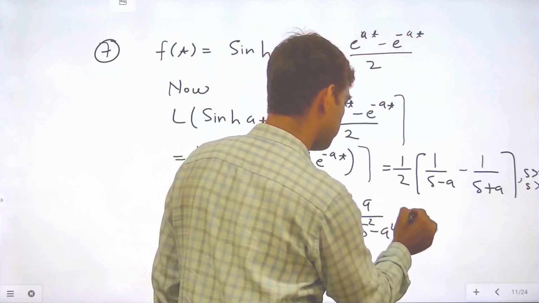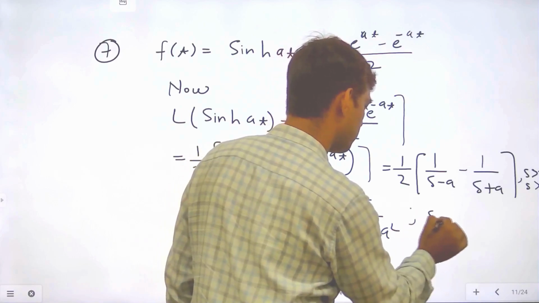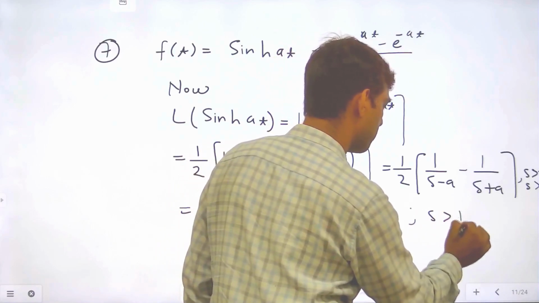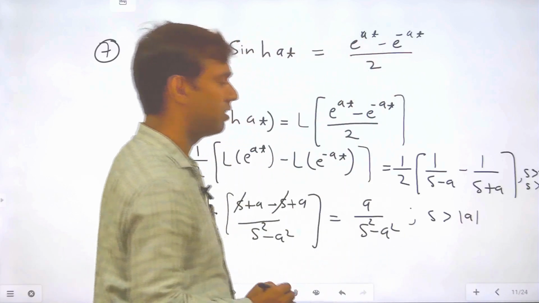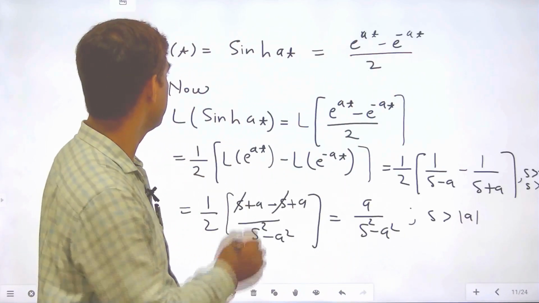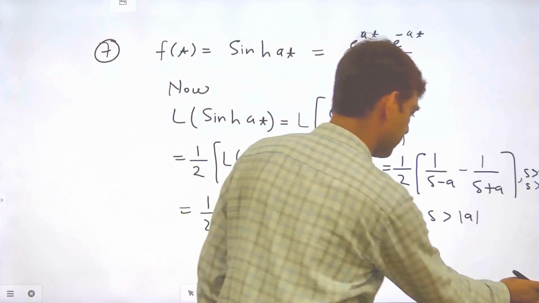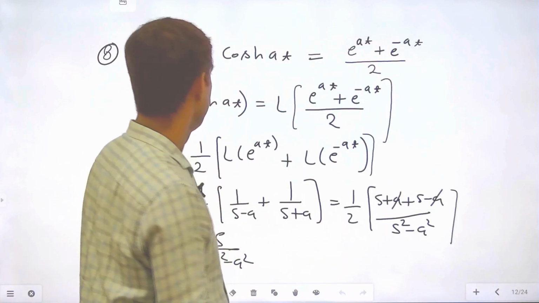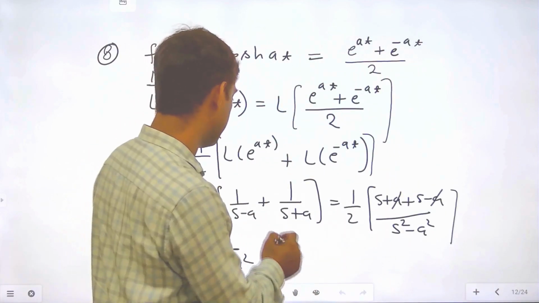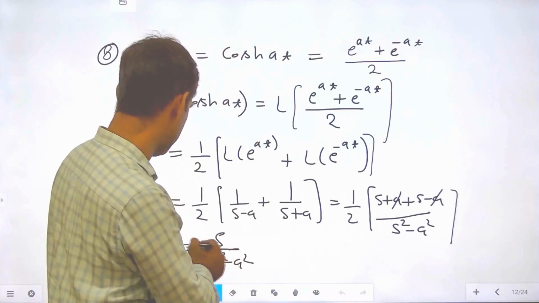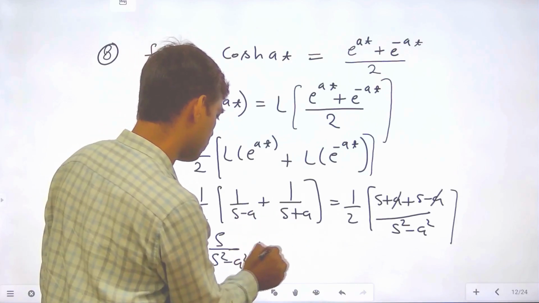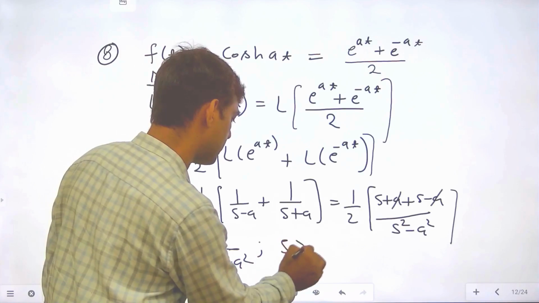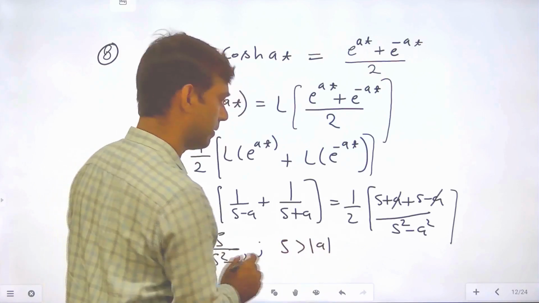So here we may write s must be greater than mod of a in case of sine hyperbolic at. And similarly for cos hyperbolic at, there is also s minus a and s plus a, so here also s must be greater than mod of a.